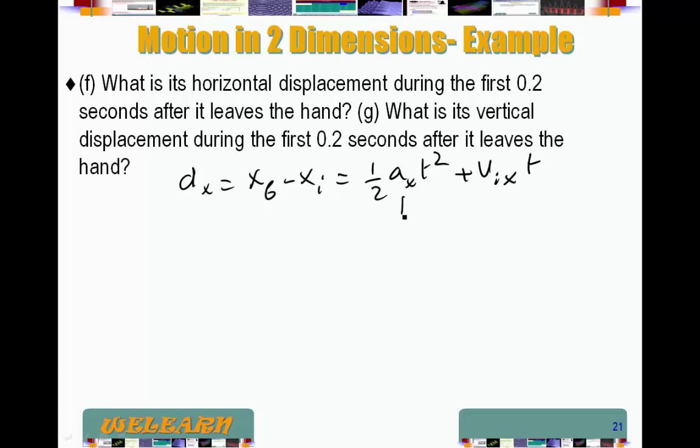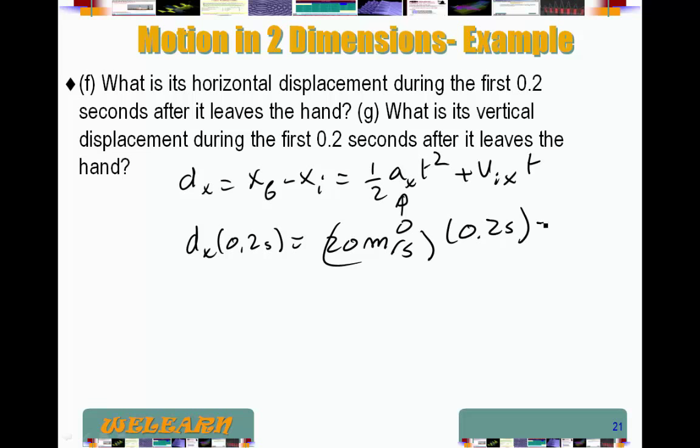Now here we know that our a sub x is 0. Our t is 0.2 seconds, so dx at 0.2 seconds is going to be just 20 meters per second, our vix, times 0.2 seconds, which leads me to 4 meters.